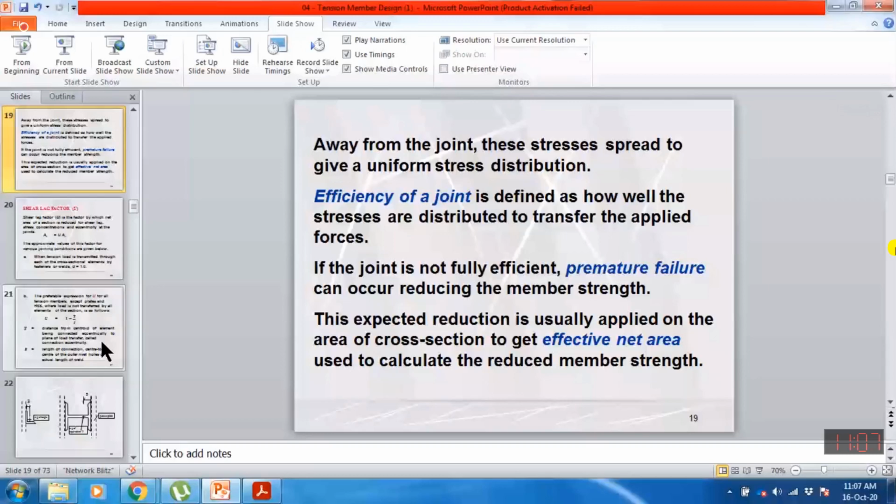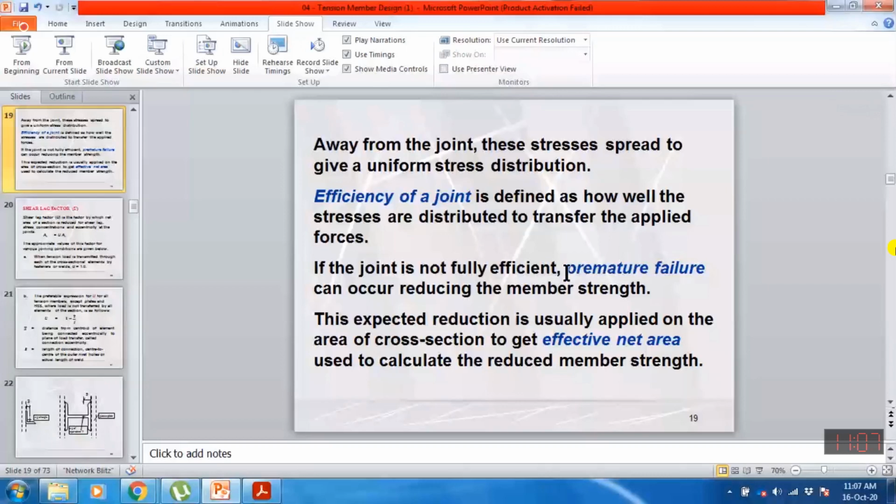The efficiency of joint is defined as how well the stresses are distributed or transferred from one part to the other part. If the joint is not fully efficient, meaning we are not transferring the force properly, there might be stress concentration, and it may cause premature failure.